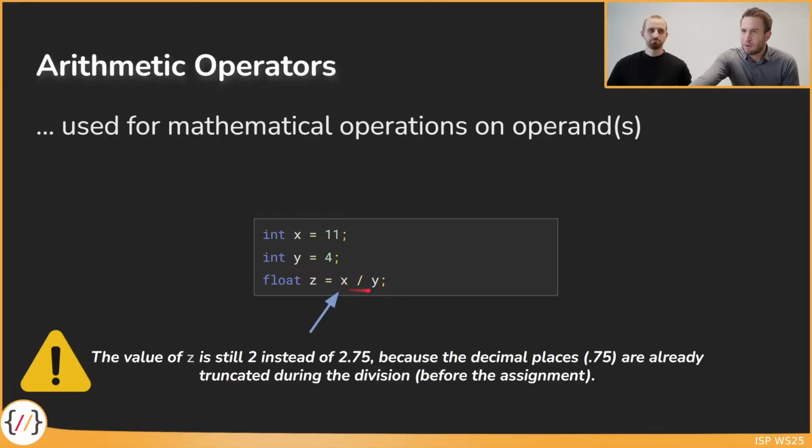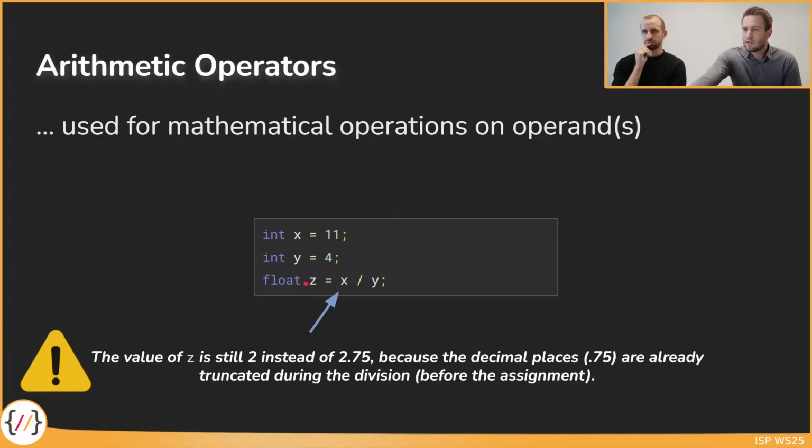So at runtime, the following happens: x is divided by y. In this operation, the decimal places are truncated, and afterwards the result, which is already truncated, so it's just 2, is stored in a float value. So this information with 0.75 is already lost here, no matter which data type this variable has.